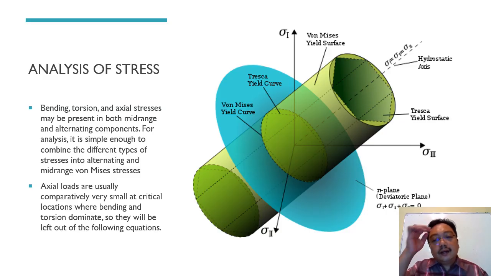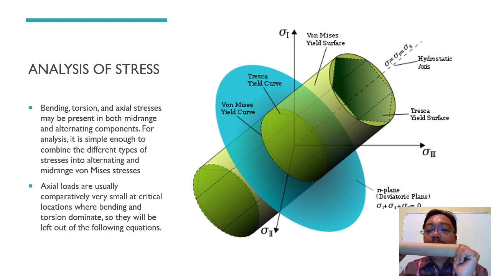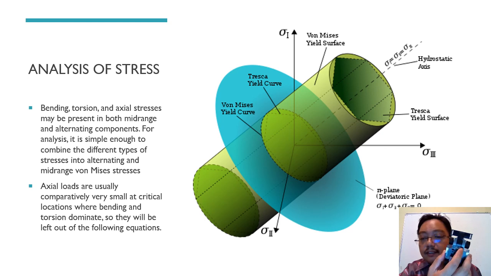Okay, students, when you are analyzing the stress, the bending, torsion, and axial stress happen all at the same time. Imagine this is a toy car, this is a tire. When the tire rotates, it is a torsion. It gives the torsion to the shaft.